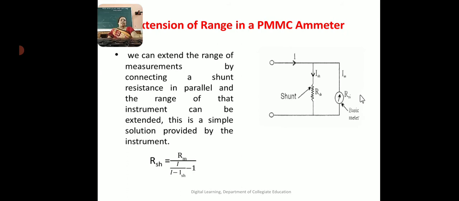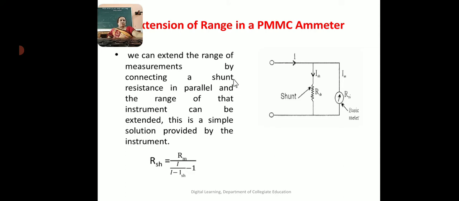Extension of range in a PMMC ammeter. We can extend the range of measurements. This is the extraordinary part of the PMMC ammeter, that we can extend the range of measurements in this type of instrument.